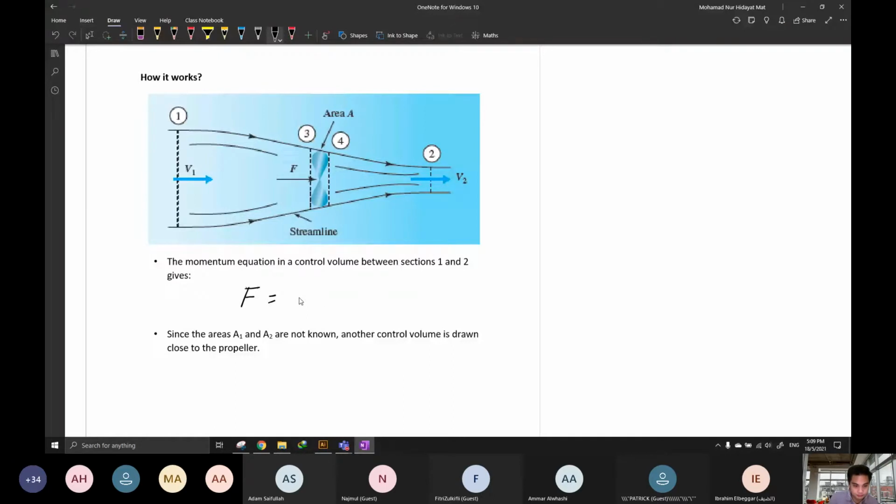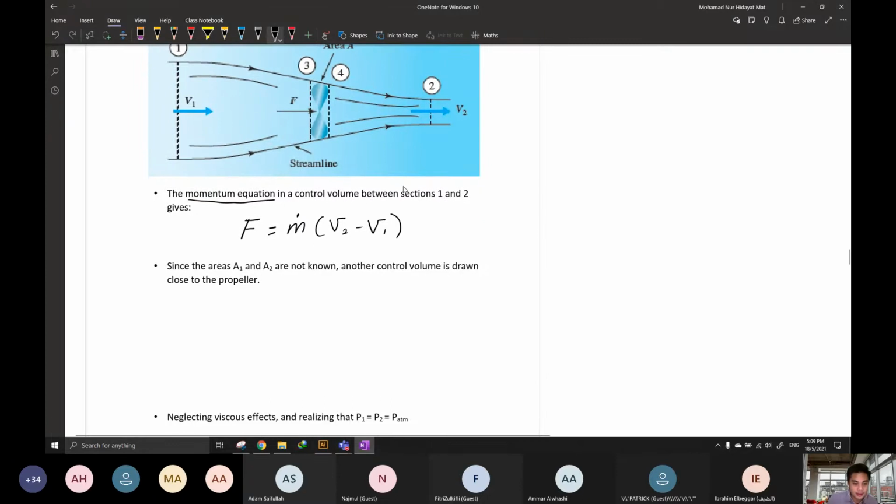Just remember this is the momentum equation. It's very simple. Since area 1 and area 2 are not known, we don't know the size of area 1 and area 2, another control volume is drawn close to the propeller. That is why, because we have 2 unknowns, definitely we need something that we know already in order to solve.